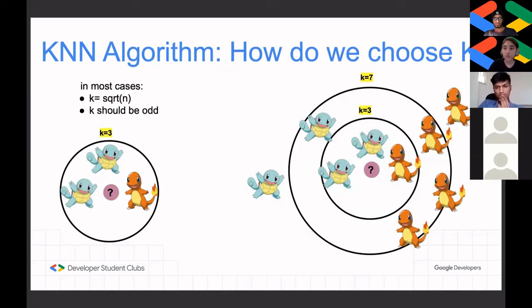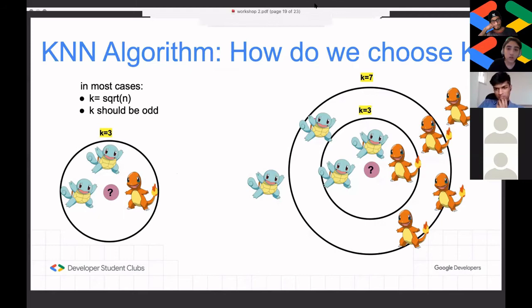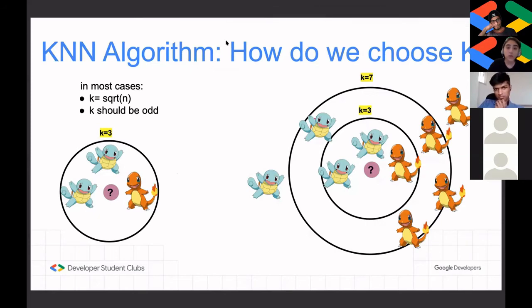So over here, I'm just going to demonstrate how the algorithm actually works. If you feed your data set in, all of these values are recorded. So there's a Squirtle here and 2 Squirtles and a Charmander.